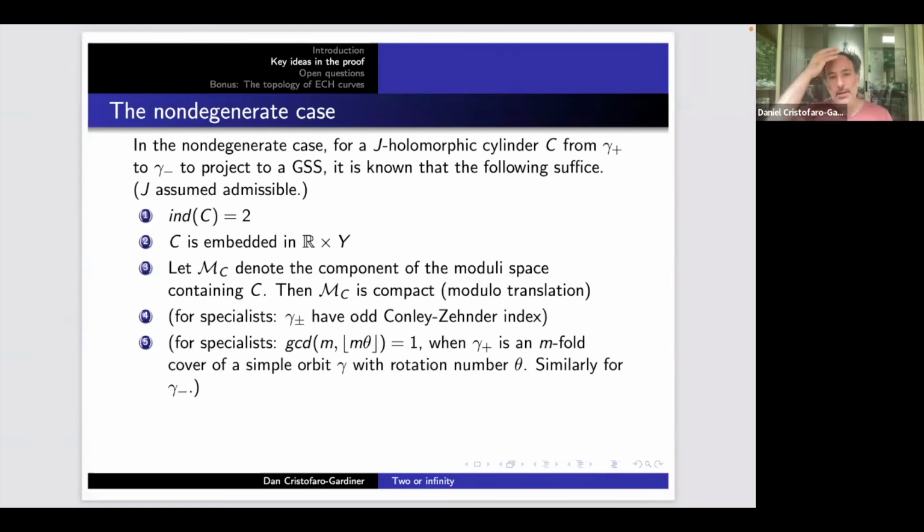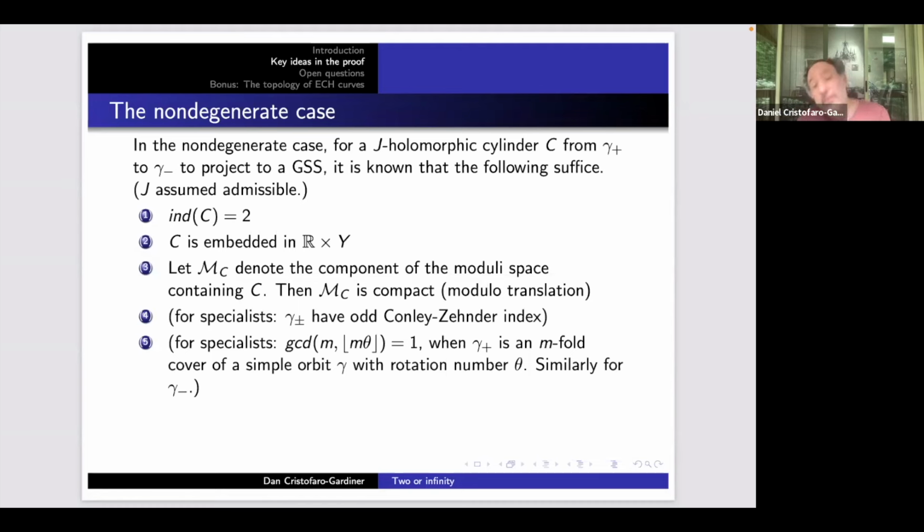I like that. Okay, so let me try to give you some idea. I'm saying that if you have a J-holomorphic cylinder and it satisfies these 5 criteria, it's going to project to a global surface of section in the non-degenerate case. To put this in some context, this kind of thing is well known by now.